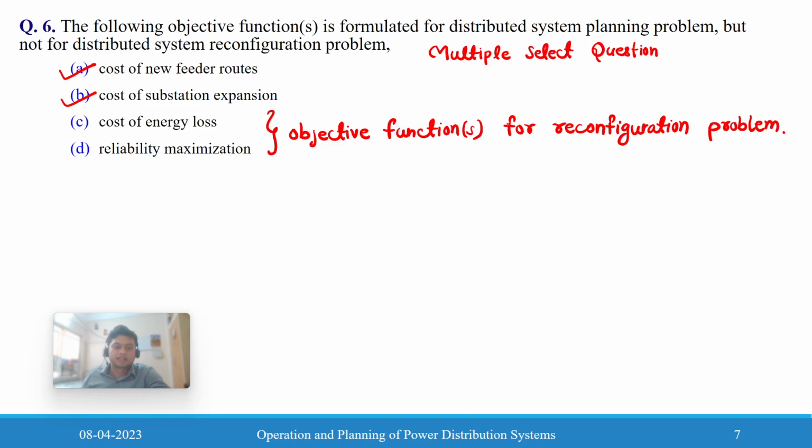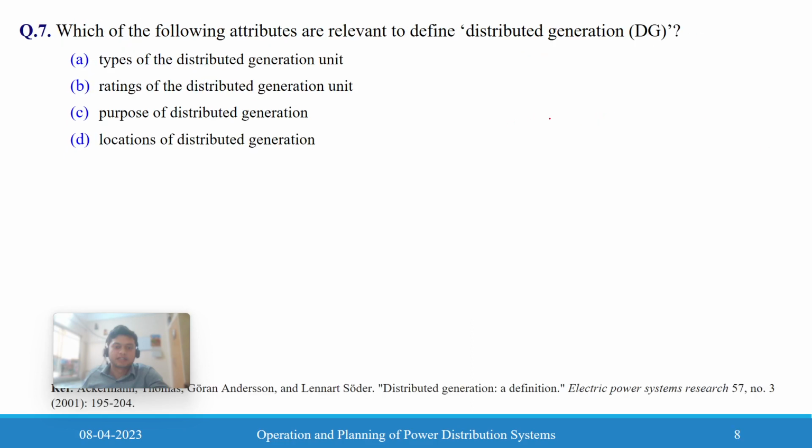So next problem we are having. This problem is: which of the following attributes are relevant to define distributed generation? Options are: A option is types of distributed generation unit, B option is ratings of the distributed generation unit, C option is purpose of distributed generation, D option is locations of distributed generation.